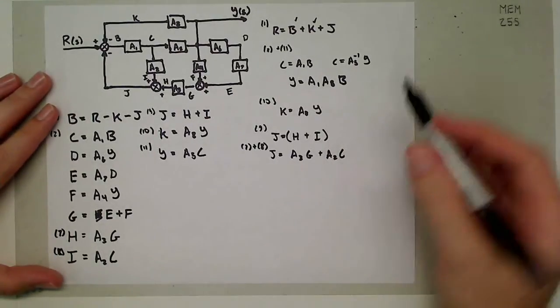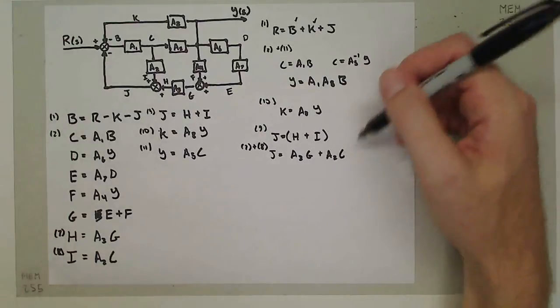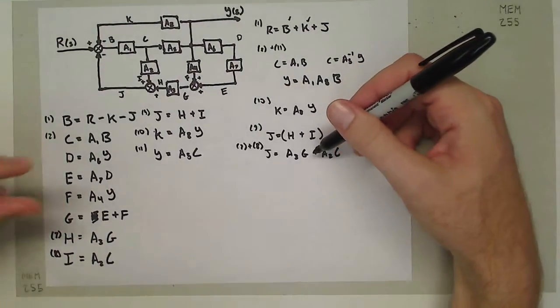And now we have C here, and we know C already is equal to this, so we're set for this one. So all we need is G here.